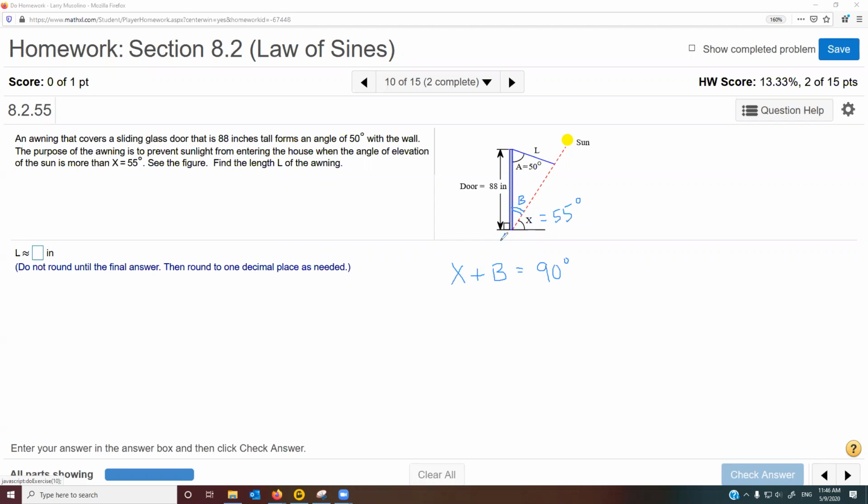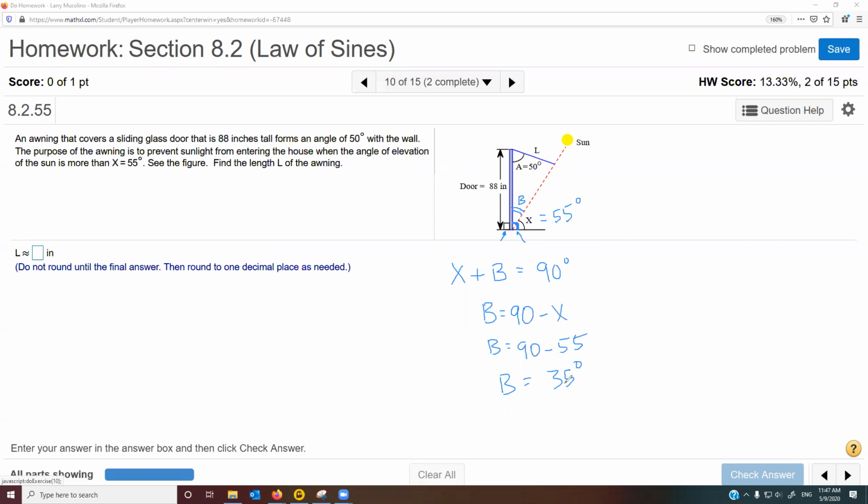I know that because this side of the door is labeled as a right angle, so that must mean this side here I could also represent as a right angle. Well, that must mean that angle B is 90 minus angle X, but they told us angle X is 55 degrees, so that tells me that angle B is 35 degrees.